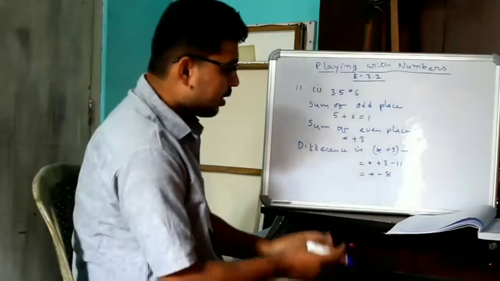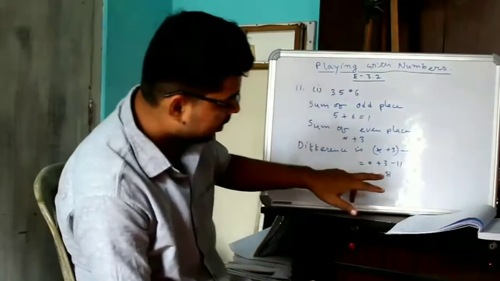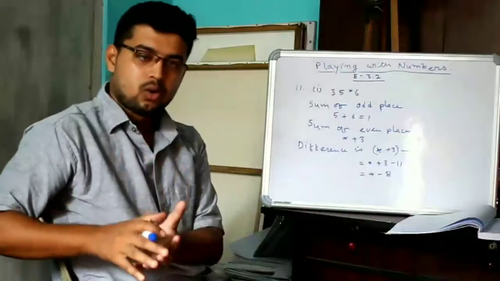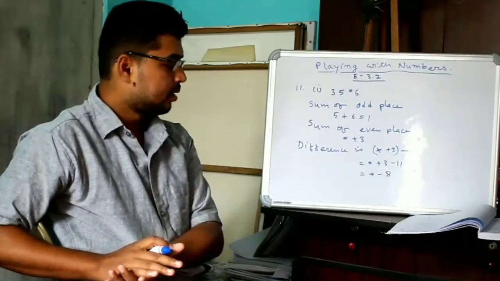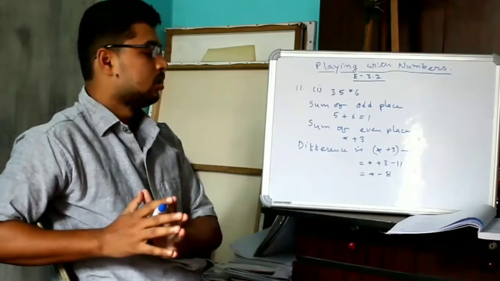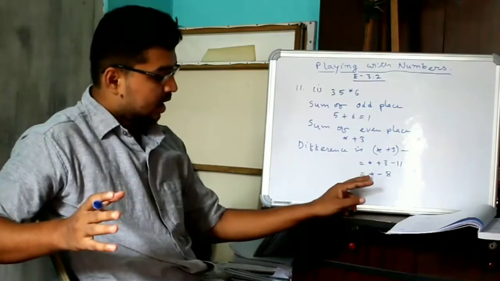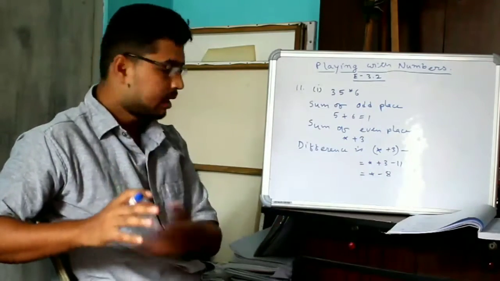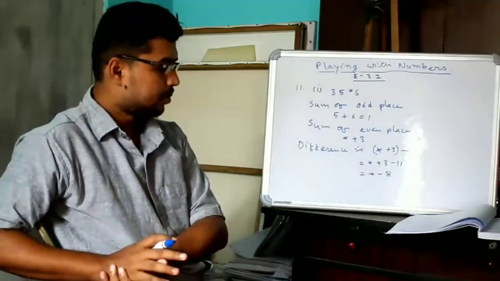So if we make this 0 or a multiple of 11, then this number will be a multiple of 11. If we put 8 minus 8, then 0 will come, and this number will be a multiple of 11.